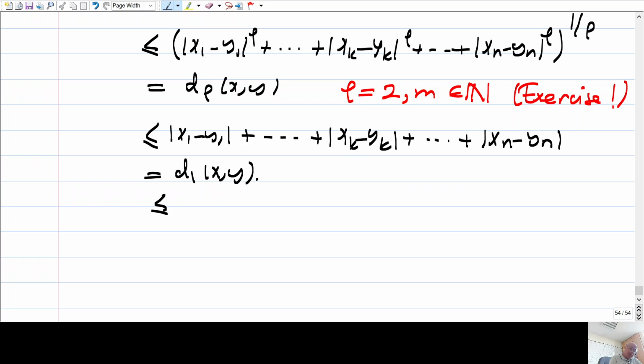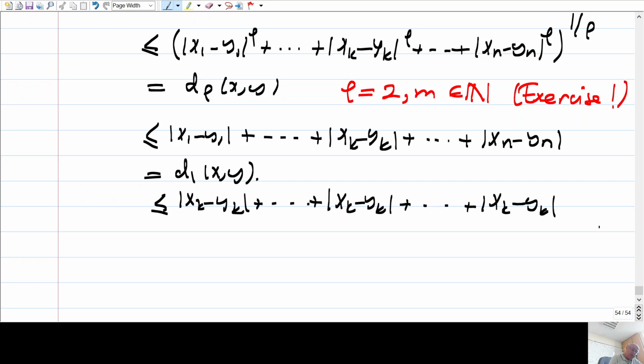This kth term was the biggest, right? So if I replace all the remaining terms with the biggest one, I will certainly get something bigger. So instead of the first term, I write the biggest one, instead of the kth term, I write itself, and instead of the nth term, I write the biggest one.